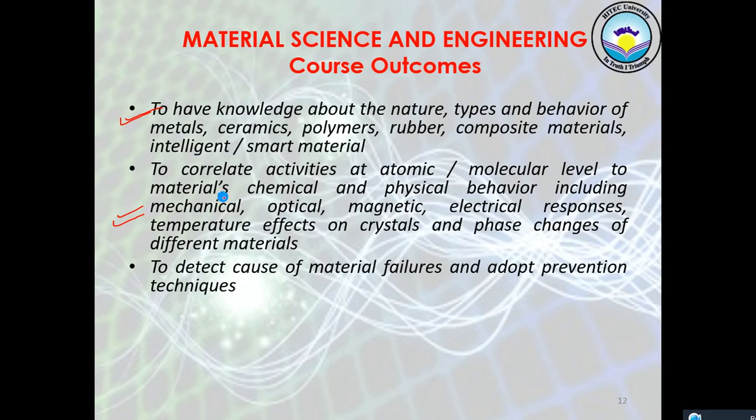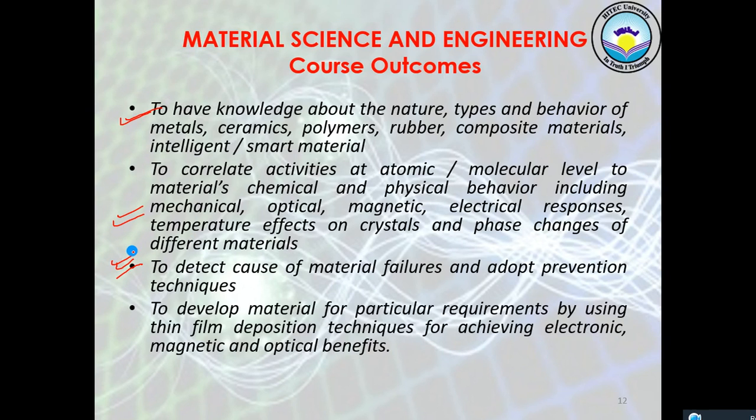To detect the cause of material failures and adopt prevention techniques. To develop materials for particular requirements by using thin film deposition techniques for achieving electronic, magnetic, and optical benefits.